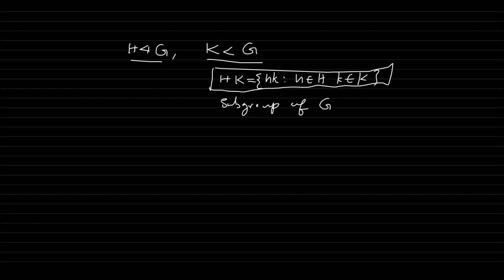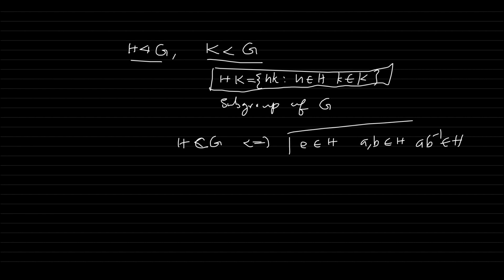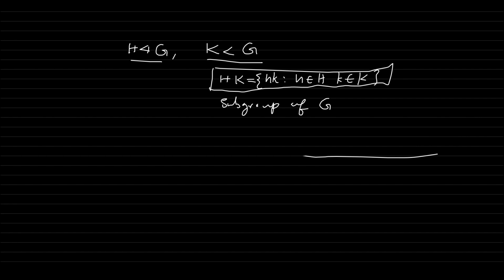The subgroup test states that a subset H of G is a subgroup of G if and only if the identity belongs to H, and for any a, b in H, ab inverse belongs to H. So H will be a subgroup of G if it satisfies this condition. Now we are going to prove that HK is a subgroup of G.